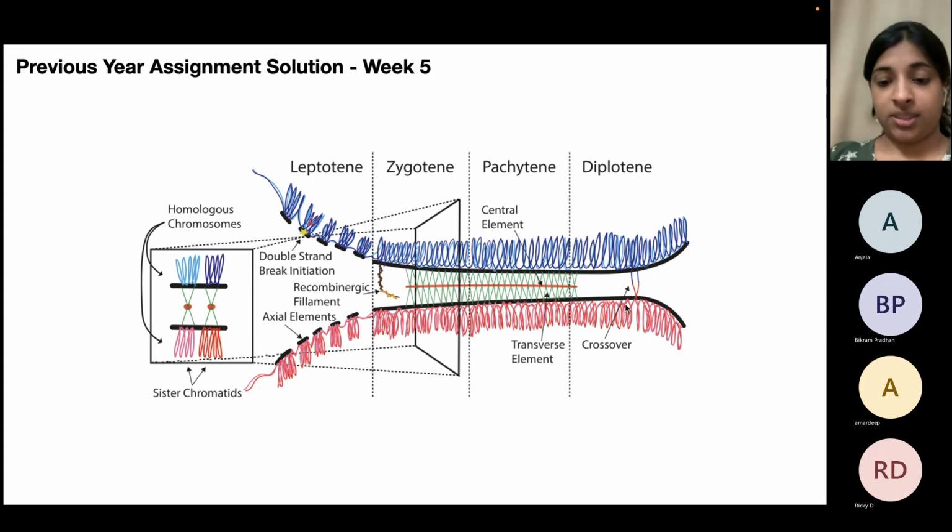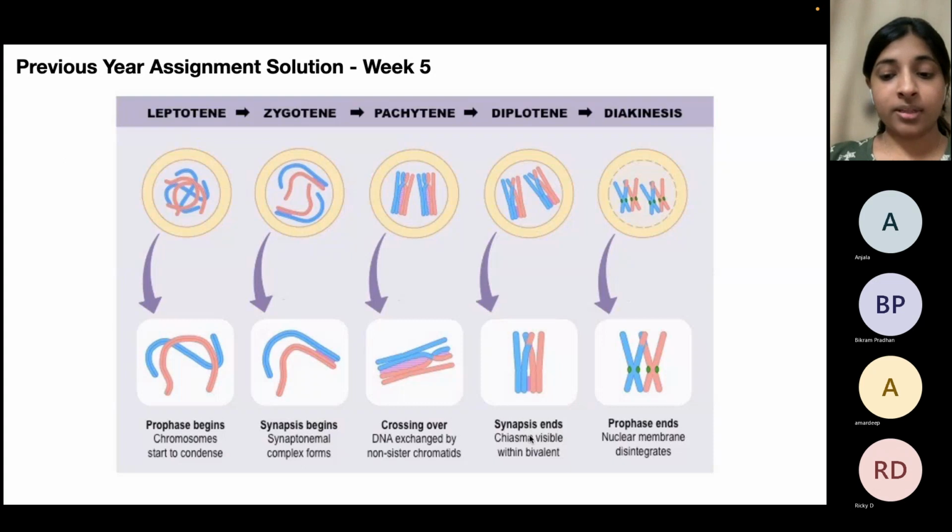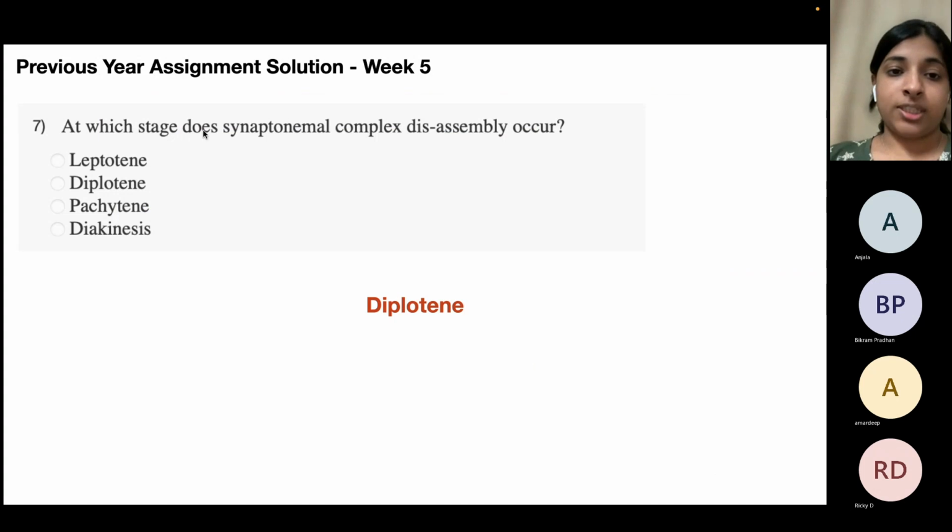So, diplotene is where synapsis ends, and the bivalent chromosome with the chiasma, which is exchanged chromosomal material, can be visualized. So the stage at which complex disassembly occurs will be diplotene, which is towards the end of meiosis 1 prophase.